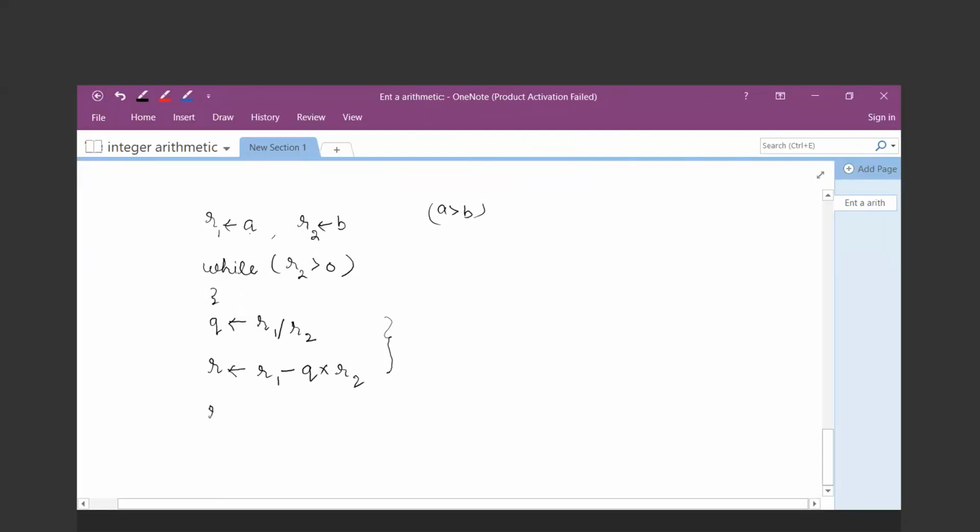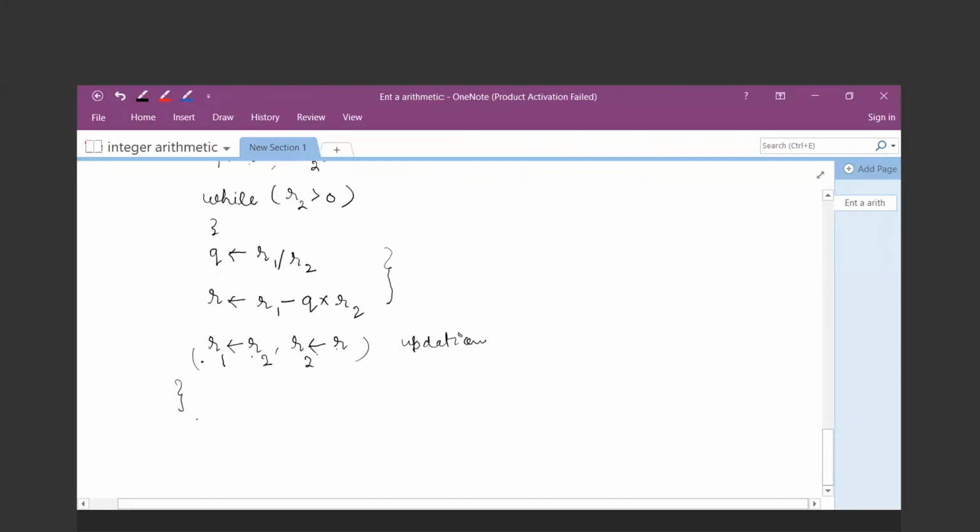The updation is very simple: the value of R2 is assigned to R1, and the calculated R is assigned to R2. Once the condition terminates, meaning R2 is equal to 0, you will find the answer, GCD of A, B, and the value of R1 will be the answer.